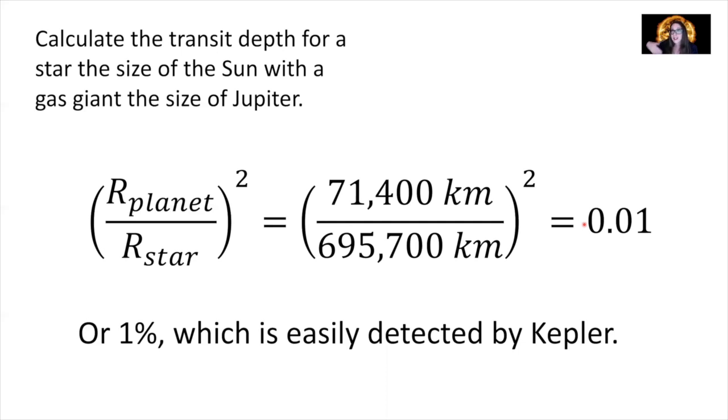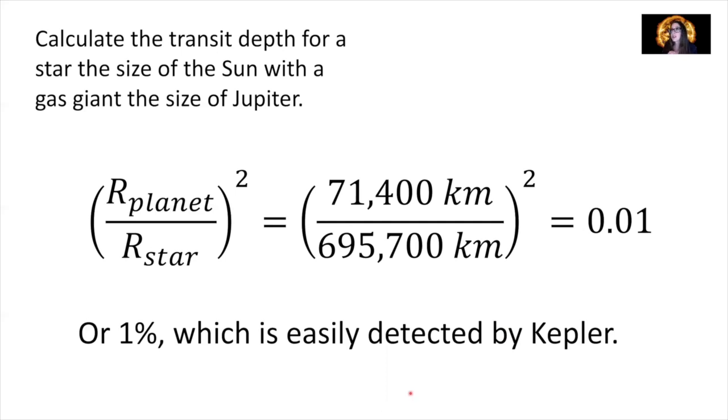So the transit depth for Jupiter going in front of our sun would be 1% or 0.01. 1% of the light coming from our sun gets blocked out by Jupiter when Jupiter passes in front of it, okay? So that's what that means.